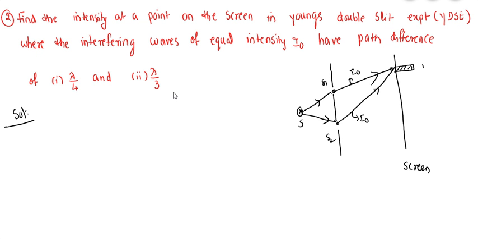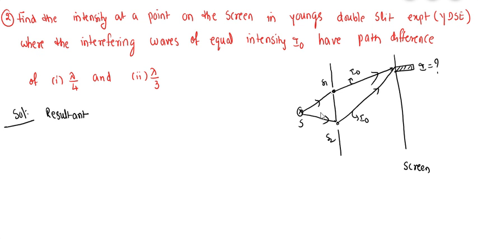There is a formula for the resultant intensity based on the phase difference. Here they give the path difference, and we have to find out the resultant intensity. If they have the individual intensities I1 and I2, the resultant intensity after the superposition is I equal to I1 plus I2 plus 2 root I1 I2 cos phi.